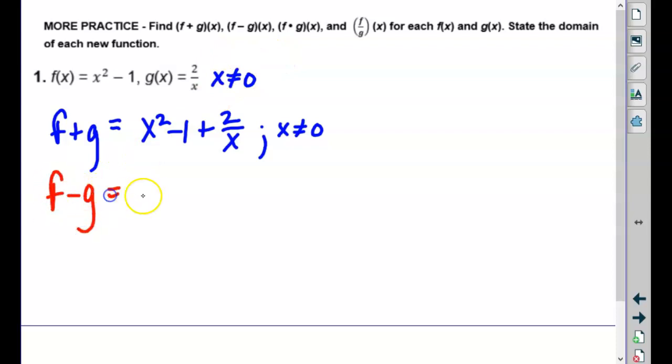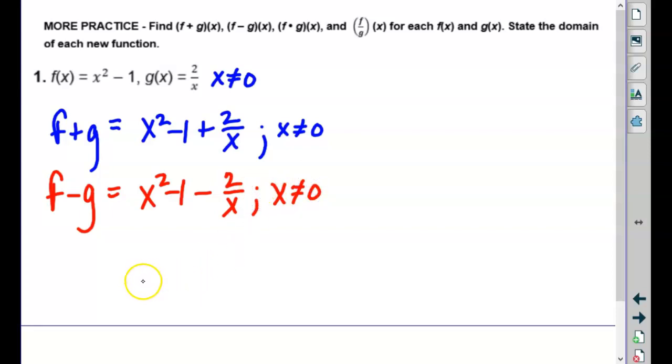It's just as easy. X squared minus 1, and then what? Yep, it just says subtract G, so it'd be minus the G function, which was 2 over X. That's it. X still cannot equal 0.